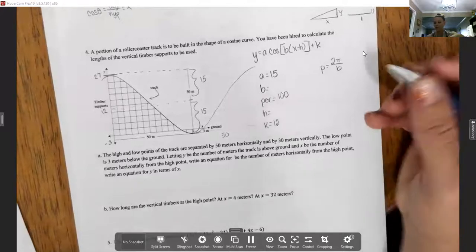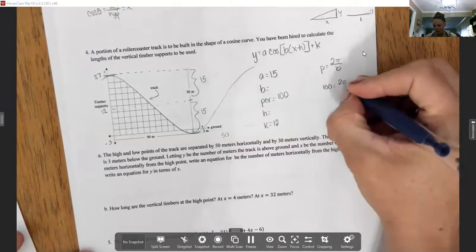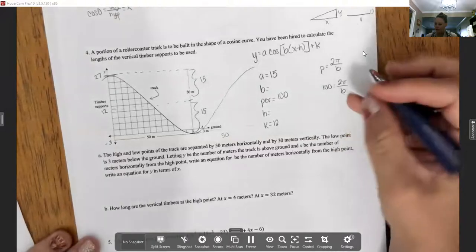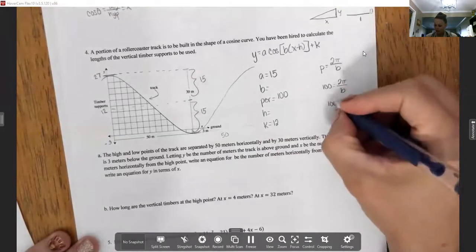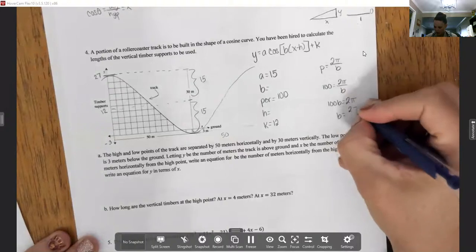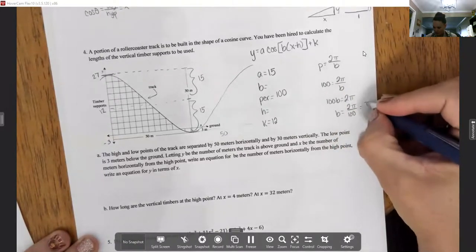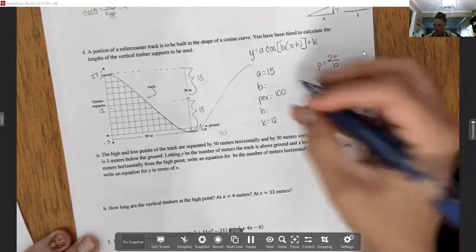So if I plug in 100 and solve for b, 100 equals 2 pi over b. Multiply both sides by b, 100b equals 2 pi. B equals 2 pi over 100, which if we reduce it is pi over 50. So that's our b value.